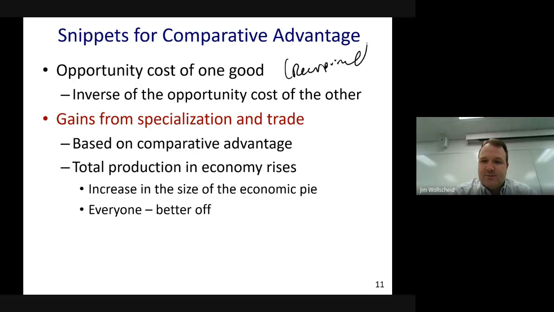Back to our old math days. We gain from trade because of comparative advantage. And because of this comparative advantage, it increases the size of the pie. So everyone, or at least the country as a whole, is better off.